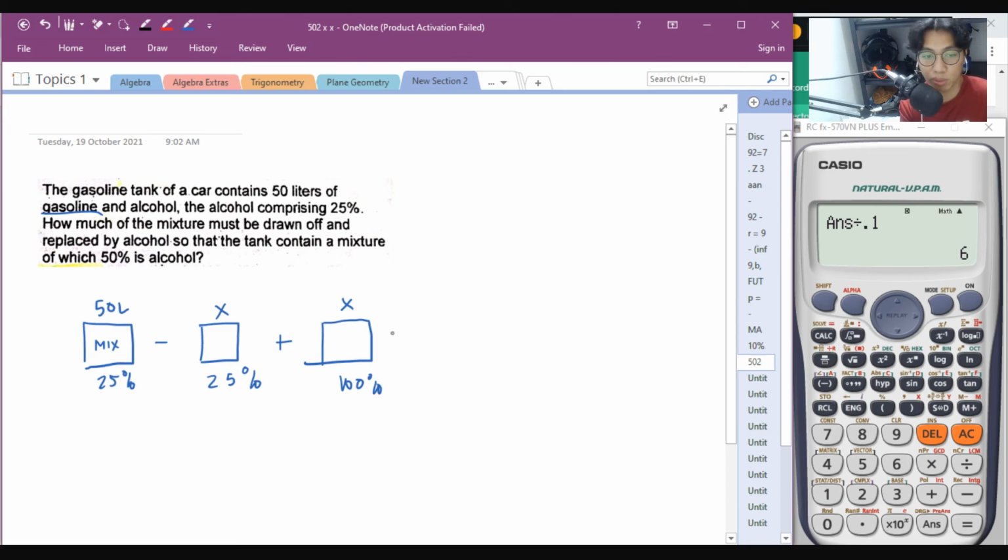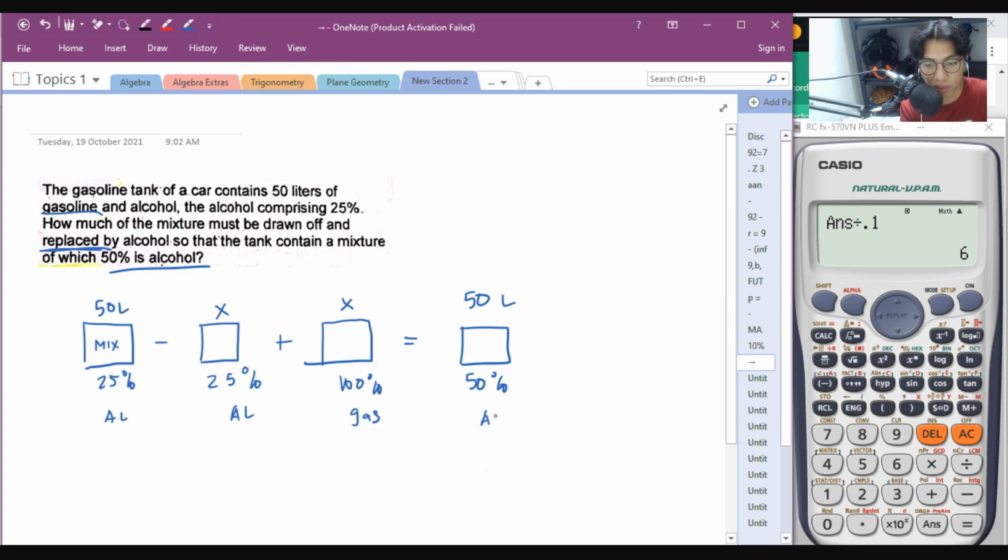Then, magkakaroon ka ng yield na 50. Replaced lang naman eh, hindi babawasan. So, pag ni-replace mo, same amount din ang magiging yield mo, pero iba na yung magiging mixture. So, 50% alcohol na siya.